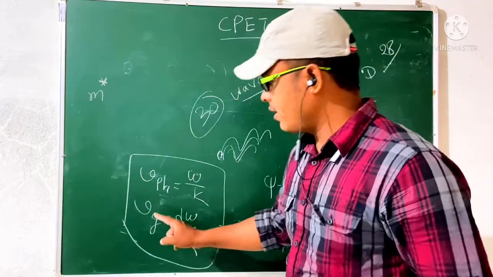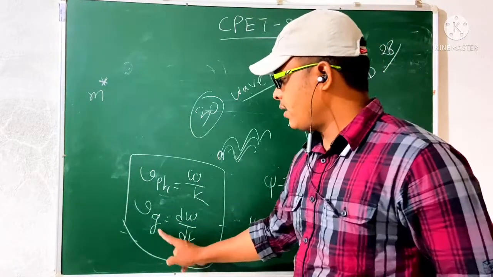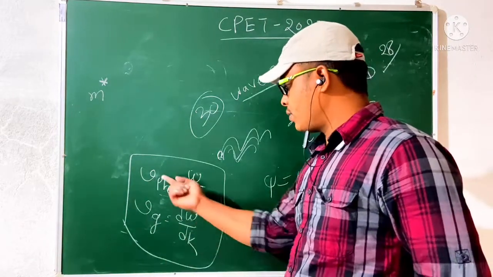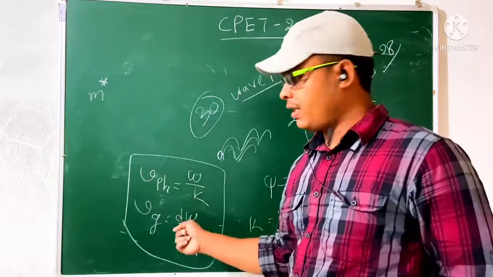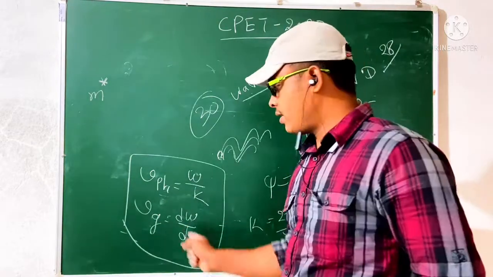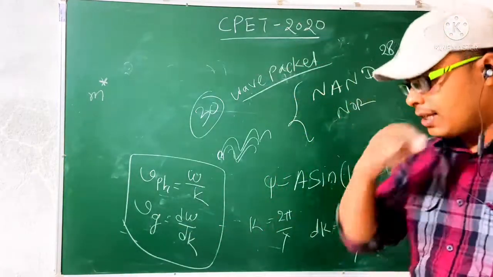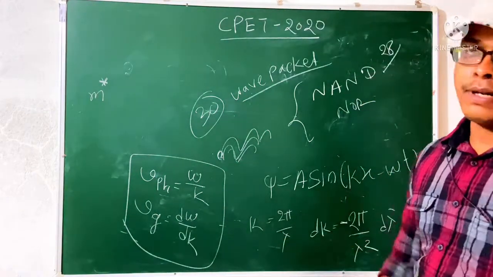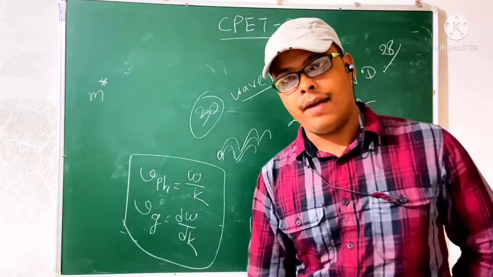So this is your task. You can find the relation between v phase and v group. Substitute omega equal to k into v phase, then take the derivative. You will get the relation between vg and v phase. Then transfer this dk into lambda, and you will get the relation in terms of lambda.